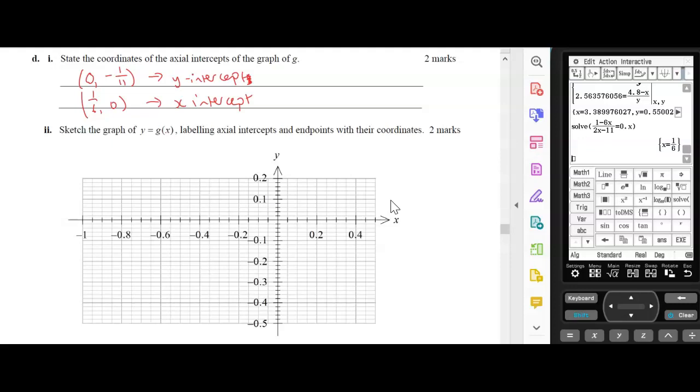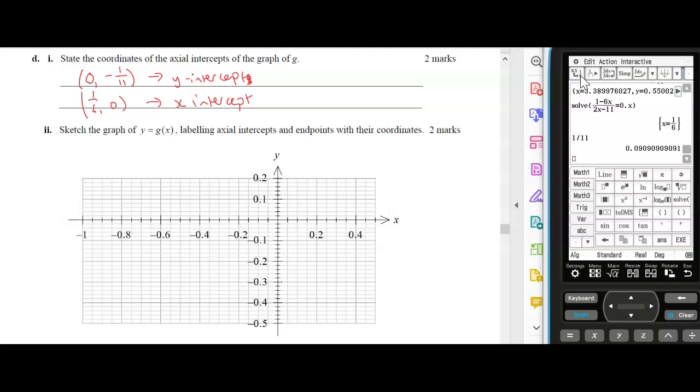If you wanted to do the approximate value, it's nearly -0.1, so we need to go to -0.1. So we're down here for our y-intercept, then our x-intercept is at 1/6.